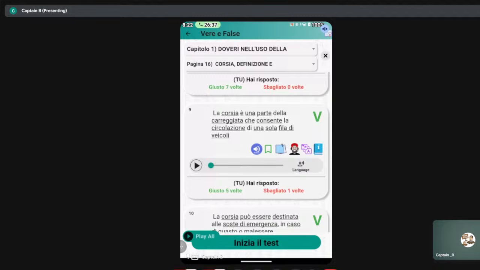All right? So, corsia is a part of the carriageway, just as the carriageway is a part of the strada. Lane allows the circulation of just one line of vehicles. Two vehicles cannot circulate in one lane. All right? And this statement is vero, sola fila di veicoli.